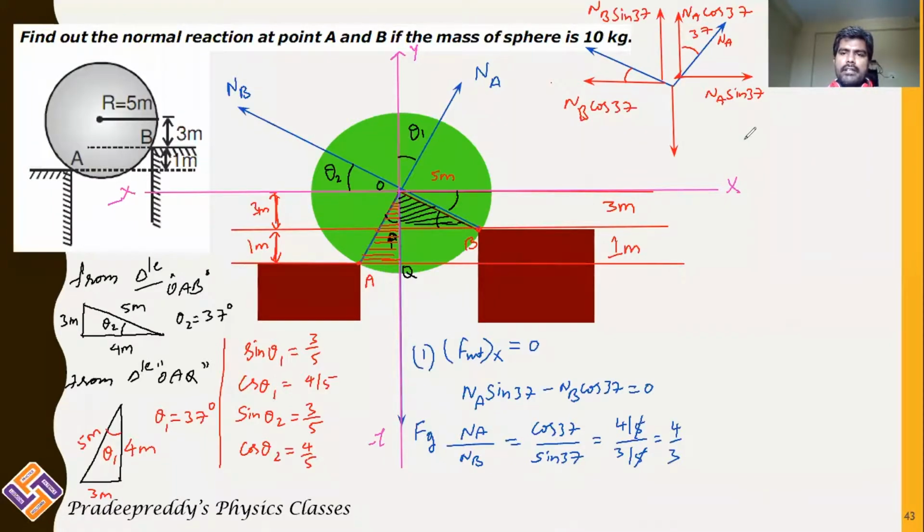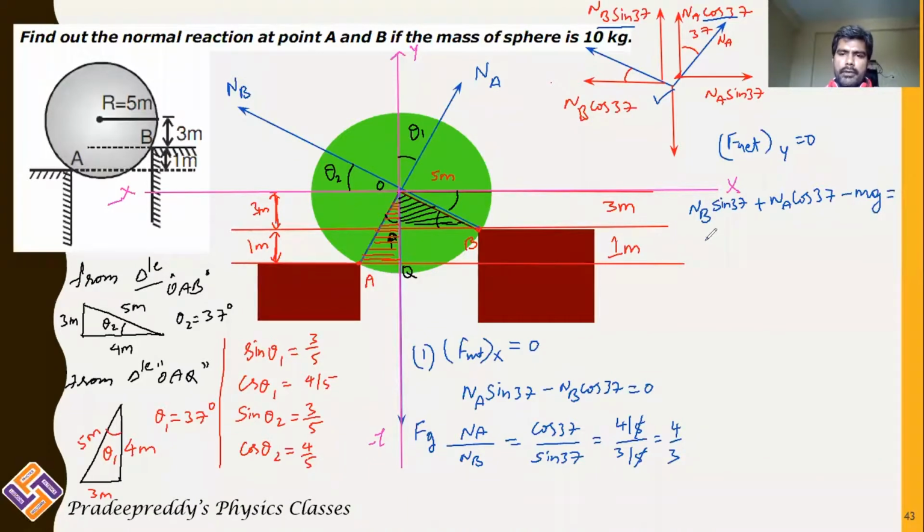We have got it from F net along x-axis is equal to 0. Now take F net along y-axis is equal to 0 in this figure. So along y direction, what are the forces acting? Upward it is NB sin 37 and NA cos 37. So I'll be writing it as NB sin 37 plus NA cos 37 minus gravitational force mg is equal to 0.